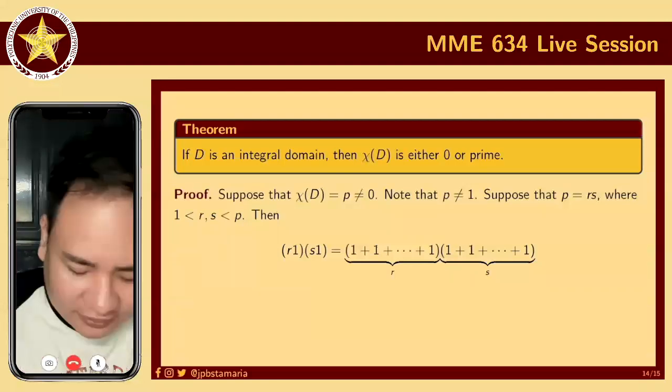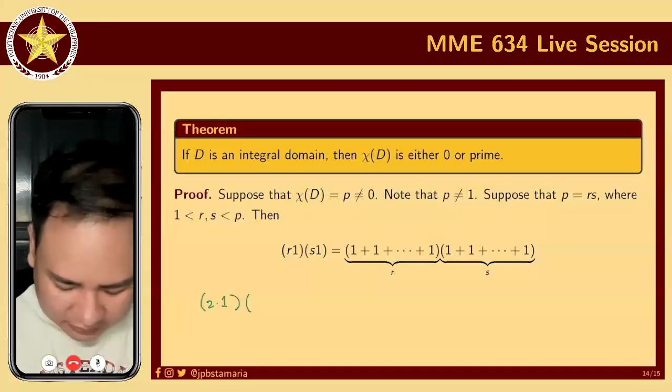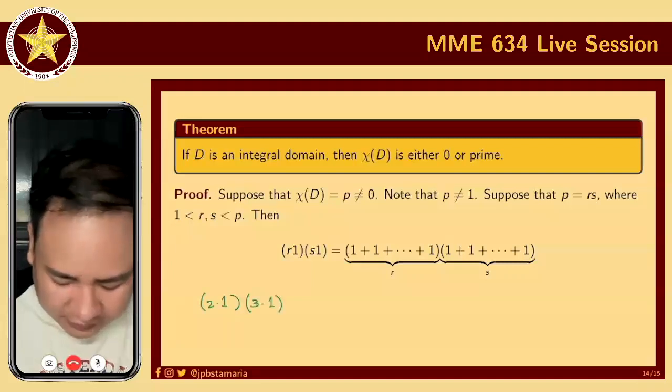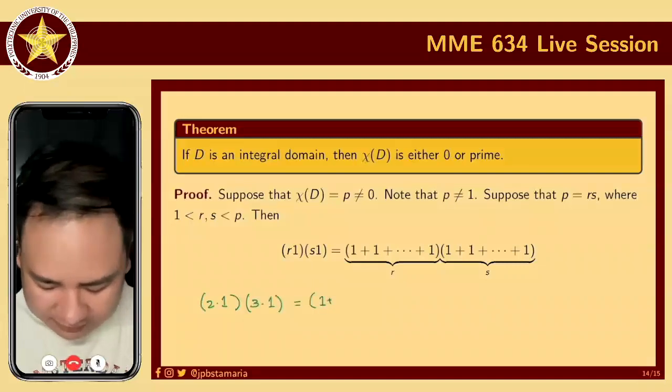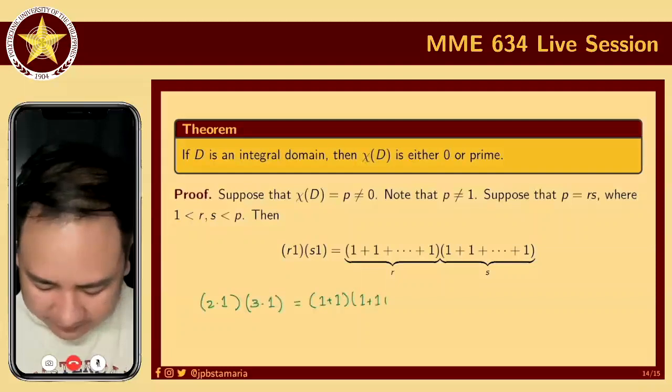Let me give you an example para lang makita nyo. Actually, 2 times 1 times 3 times 1. Ang ibig sabihin nito, (1 plus 1) times (1 plus 1 plus 1).